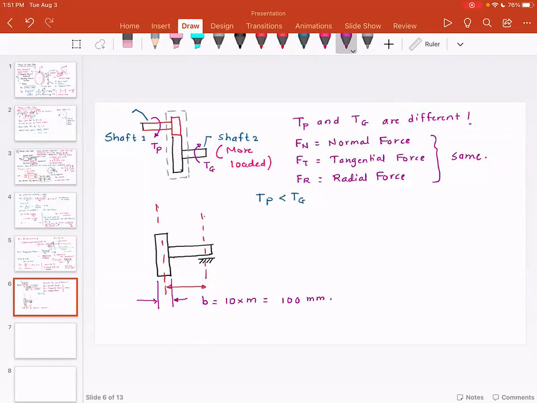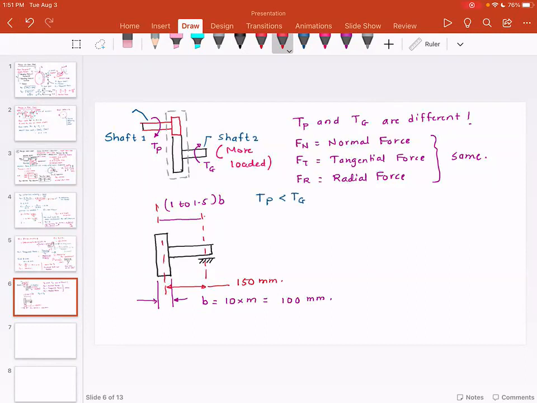And I'm going to use 1 to 1.5 times B as the distance from the center of the gear to the center of the bearing. So if I assume it to be 1.5 times B, this distance is 150 millimeter.